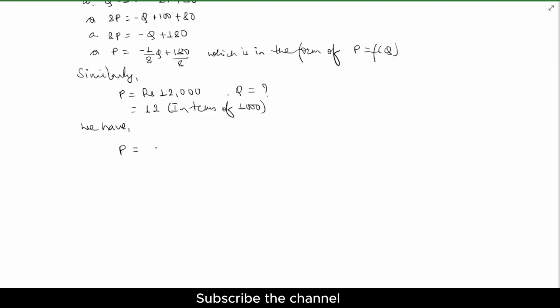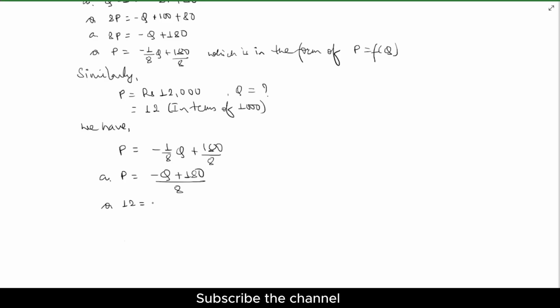What we have, the price equals minus 1 by 8 q plus 180 by 8, or it can be written as p equals minus q plus 180 by 8, where the price is 12.